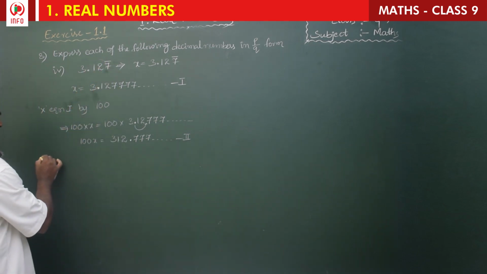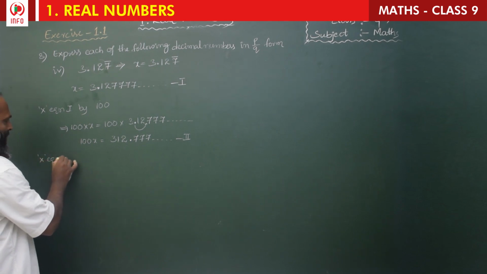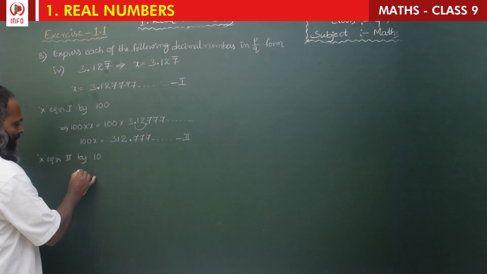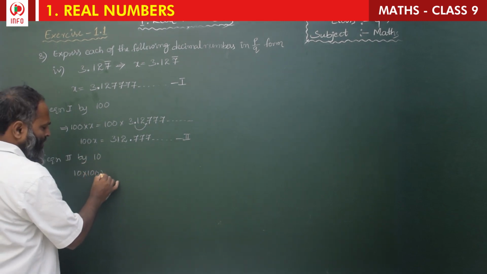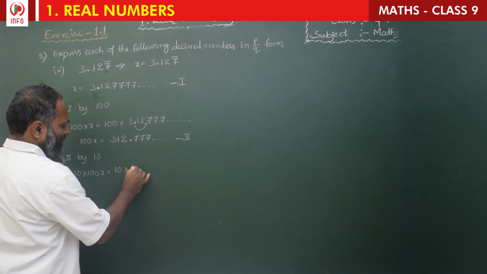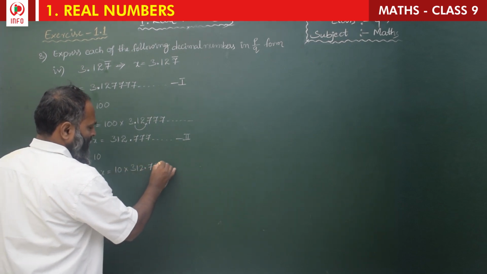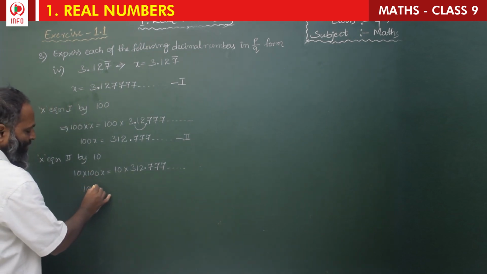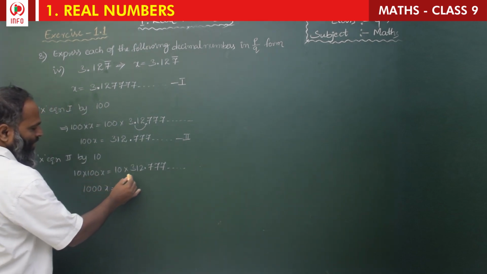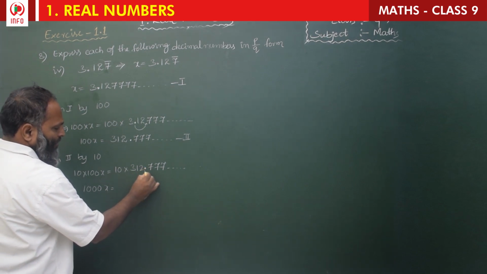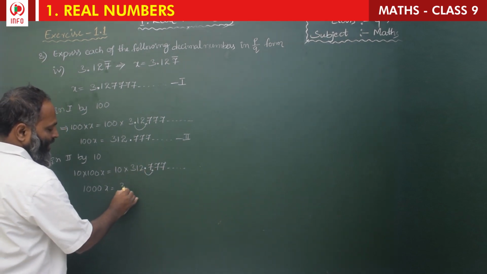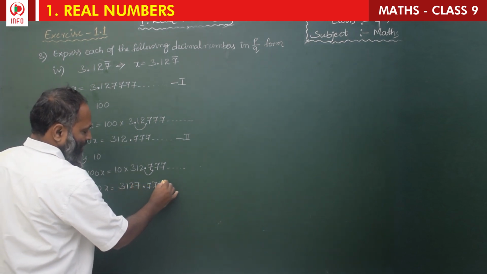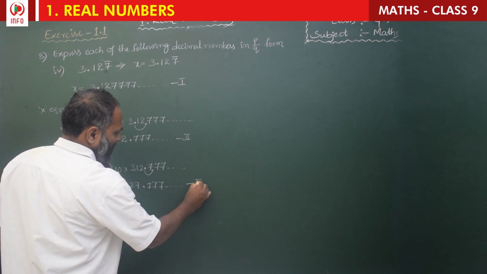So multiply equation 2 by 10, that is 10 into 100x is equal to 10 into 312.777 and so on. So 10 into 100, that is 1000x is equal to, if you multiply by 10, again the decimal point will move one place from left to right, that is 3127.777 and so on. This is equation 3.